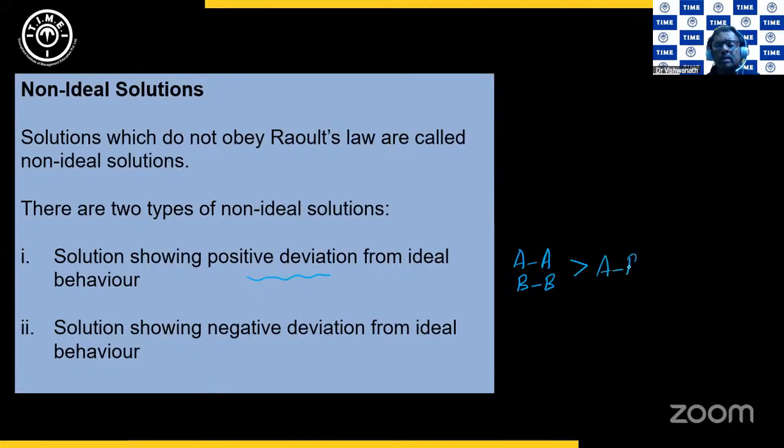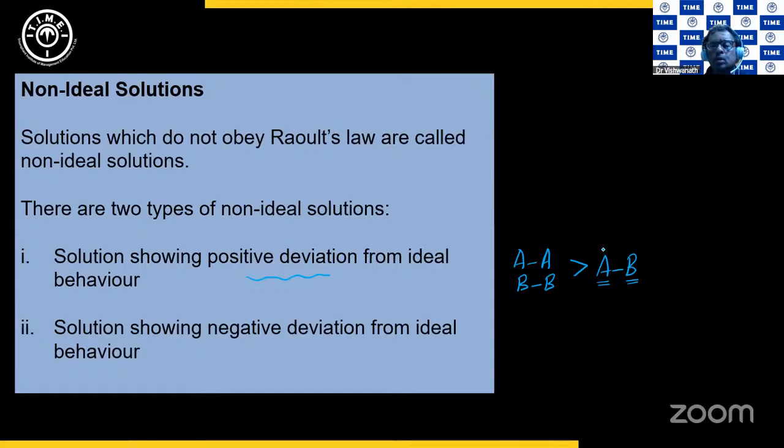So what does this mean? That A is not comfortable with B because the forces are weaker. When the forces are weaker, A and B do not want to stay together. So what is the way in which A and B can stay away from each other because they are not interacting, right, to the extent that they interacted with themselves, A with A and B with B.